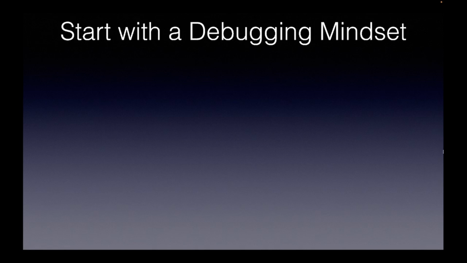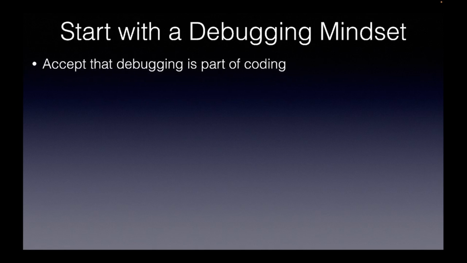So this is going to start as soon as you really begin that first line of code in your IDE. And you have to accept that making mistakes and having to fix them is just part of the process. In fact, it might be the most important part of the coding process. Every programmer makes mistakes, from beginners to the most accomplished programmers in the world. If you've had me in an in-person class and you've seen me writing code live, you've seen me make all kinds of mistakes and then I fumble around trying to figure out what's wrong.